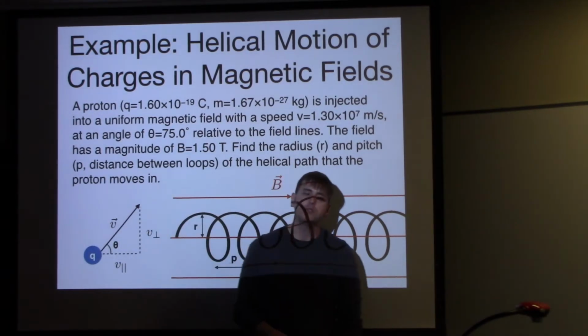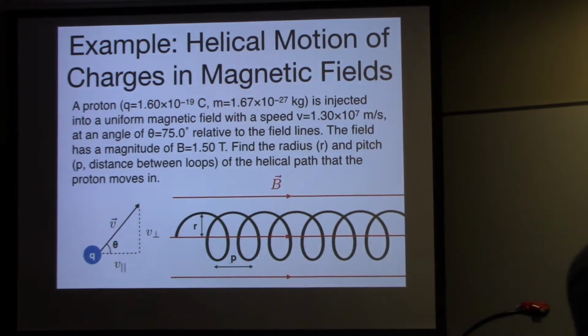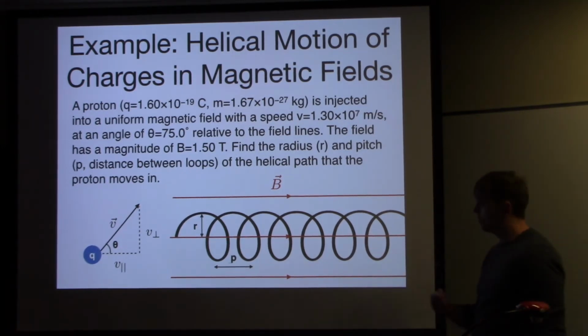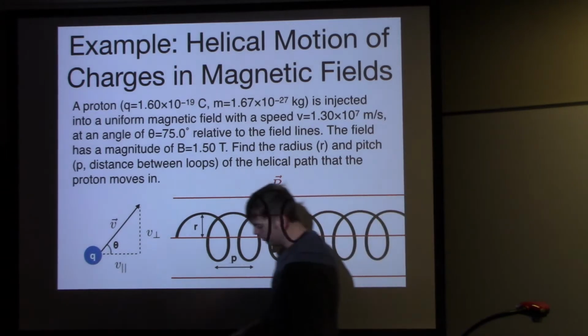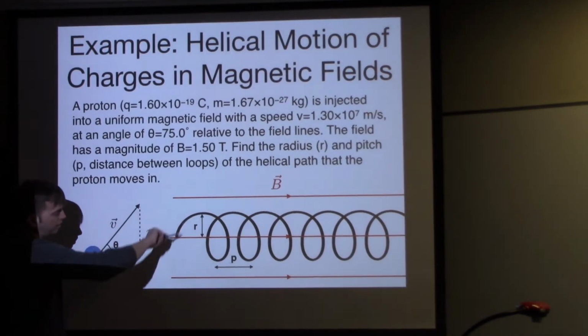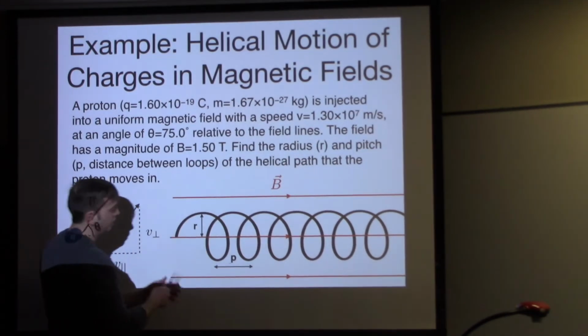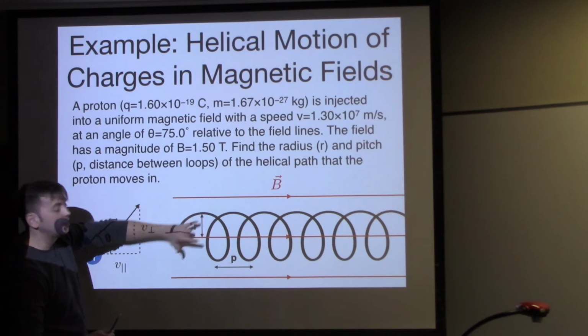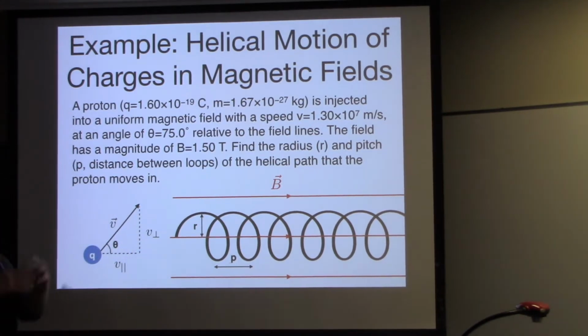We're going to calculate two things here. We're going to find the radius and the pitch of the helical path that the proton moves in. As far as the radius, this is pretty simple to understand. If we draw out the helix, the radius is just the distance from the center of the helix to the outer edge of the helix, just like for a circle.